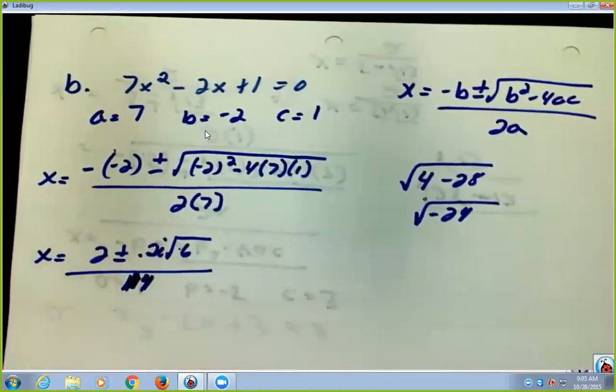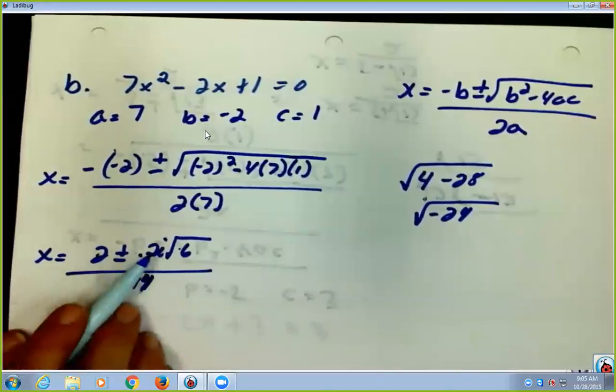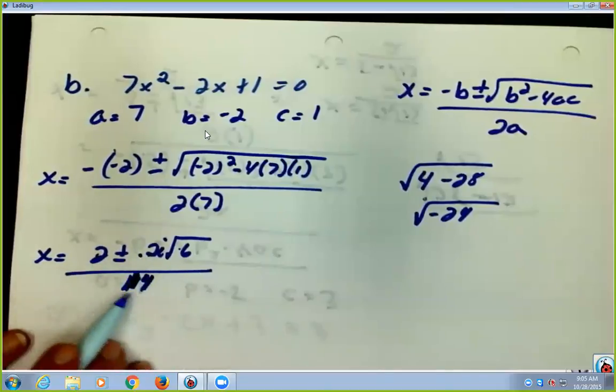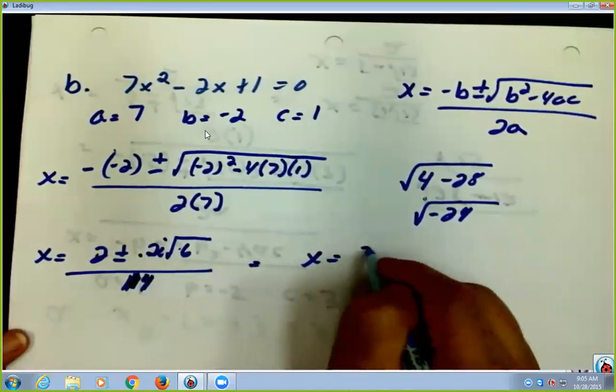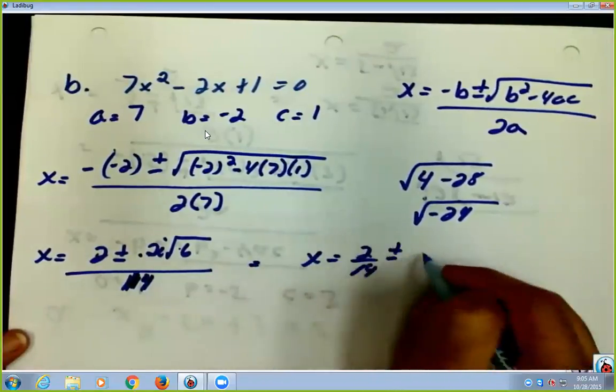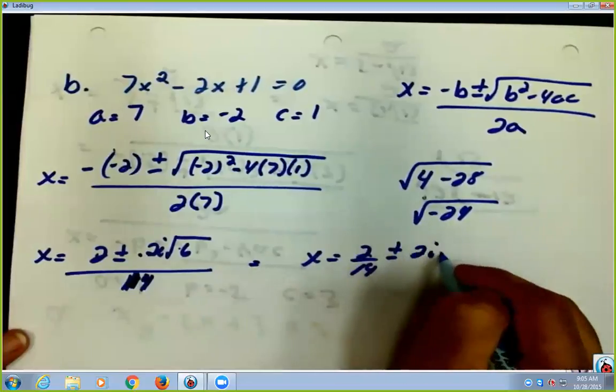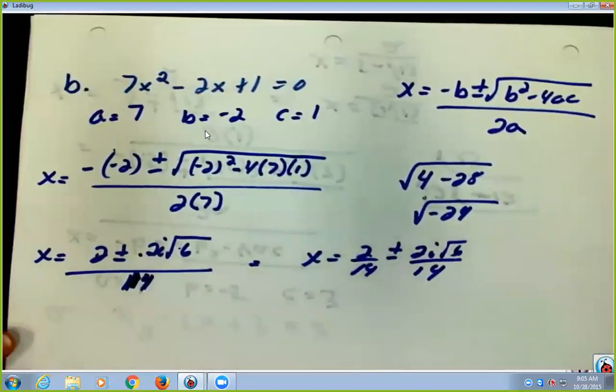The thing with this one, though, if you type that into Hawks and say, here's my answer, I'm good to go, it's going to come back and say it's not simplified. It's not simplified because notice there's a 2 here, there's a 2 here, and 14 also has a 2 in it. So this is really 2 over 14 plus or minus 2i, the square root of 6 over 14.